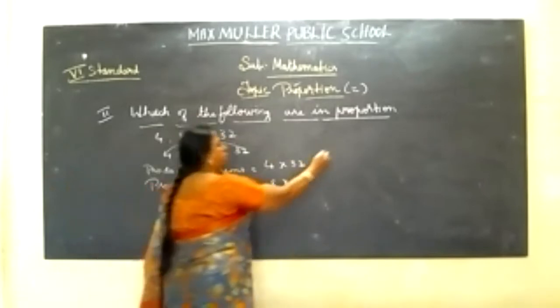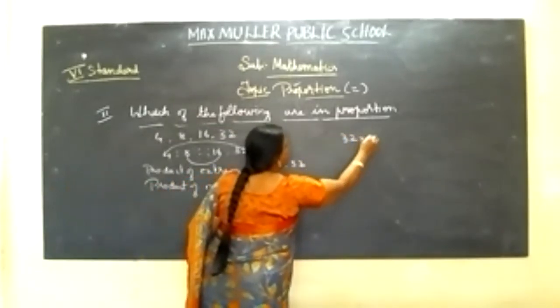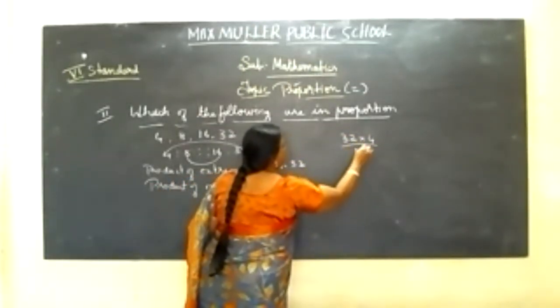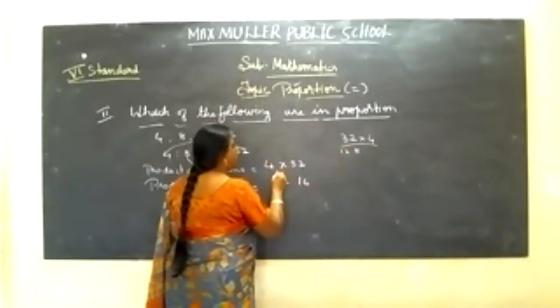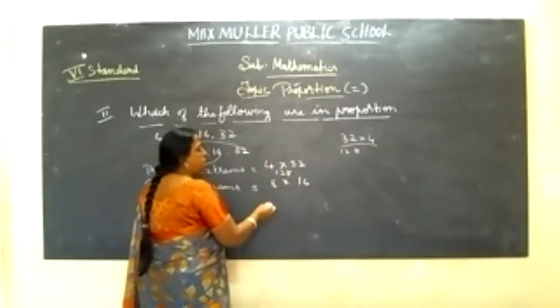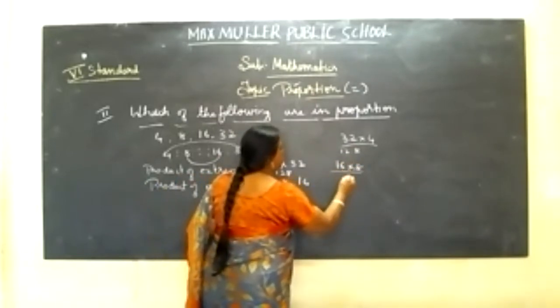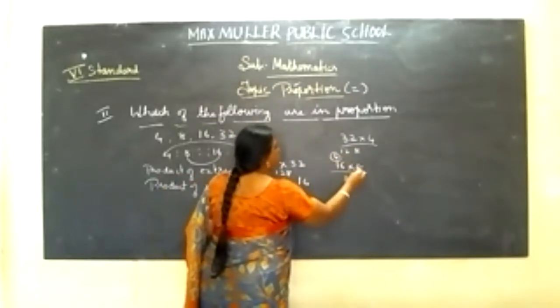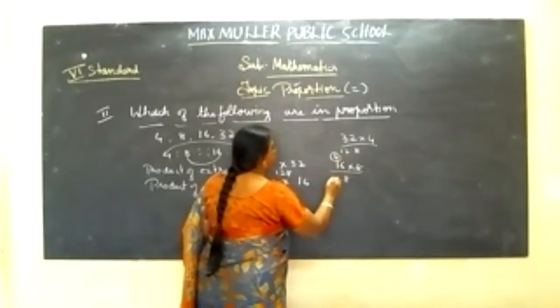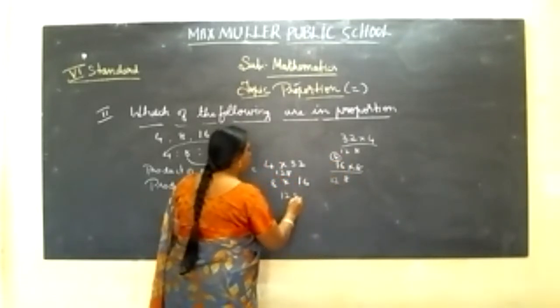Now multiply 32 into 4: 4 2s are 8, 3 4s are 12, so we got 128. Here 16 into 8, 6 8s are 48, 4 carry, 8 1s are 8, 9, 10, 11, 12. 128.